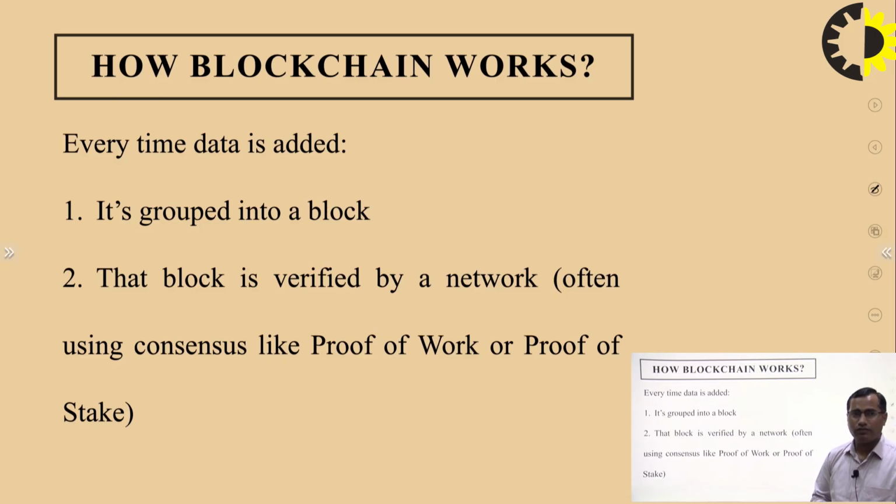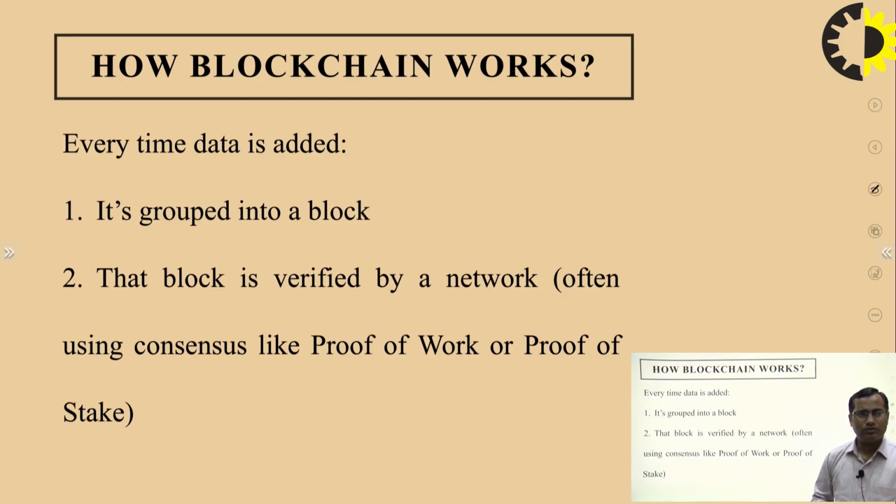How does the blockchain work, how does this system actually work? Whenever we make some transactions, whenever we add some information to this network, the information or the transactions are first grouped into a block. So we collect a number of transactions and we make a block. Then that block is verified by the network by some consensus algorithms, such as proof of work and proof of stake algorithms.